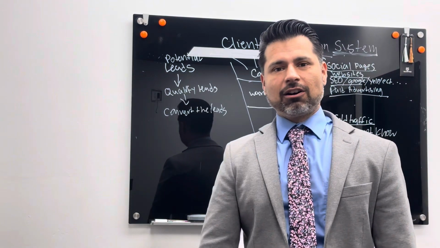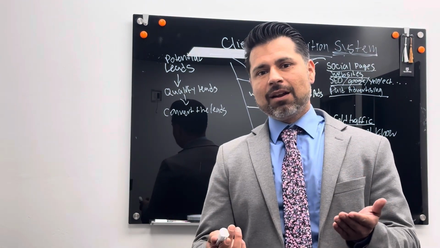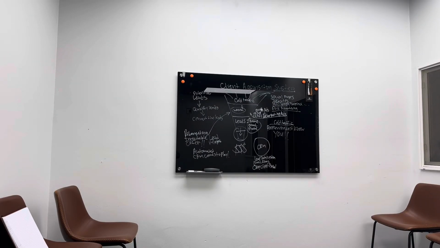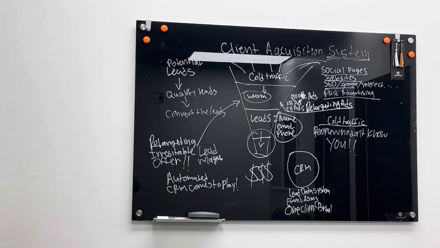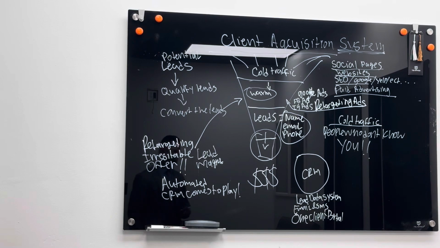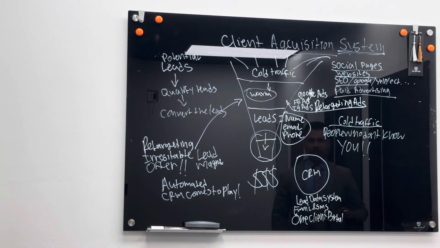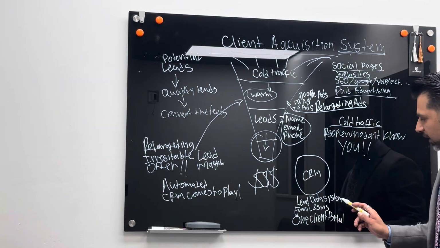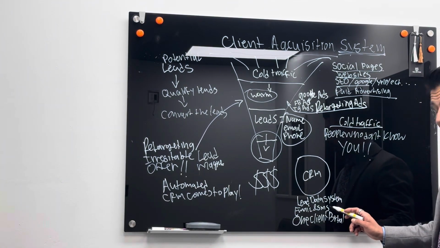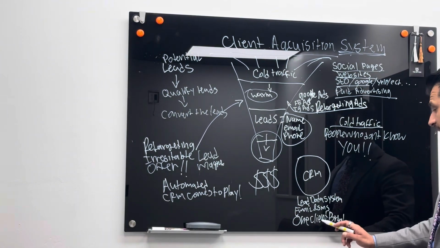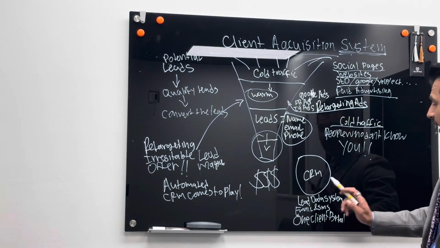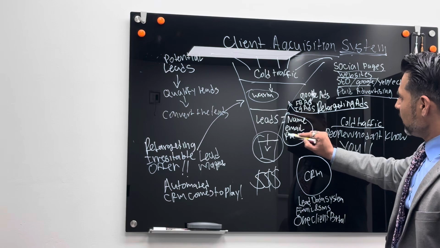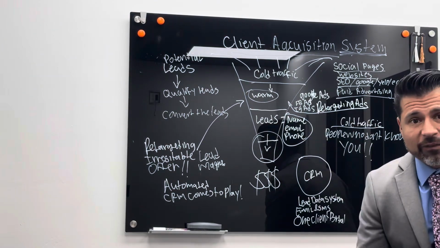So that's our awareness type of ad. But if they engage, so this is what a CRM is. Lead data system. It has an email, an SMS, and it's a one client portal. In order for this CRM to talk to these leads and qualify them.